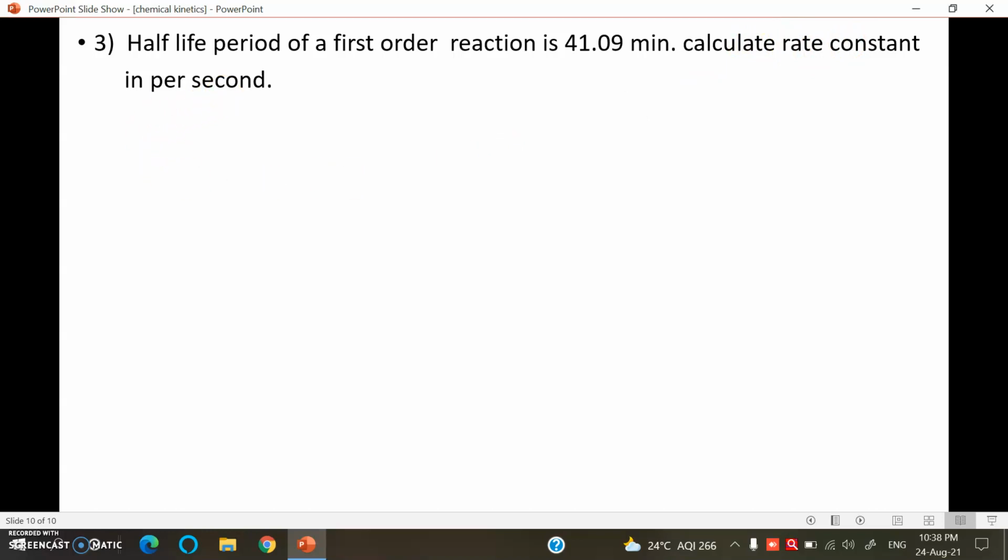So various types of examples regarding first order and half life may be asked. Every time different values are given. So here in this numerical, the half-life time of a first order reaction is given and from that we have to determine the rate constant in per second. Half-life time is given in minutes and for calculating the rate constant we have to use per second.